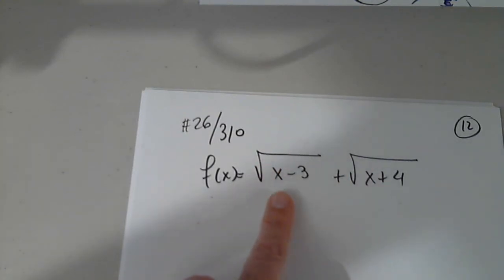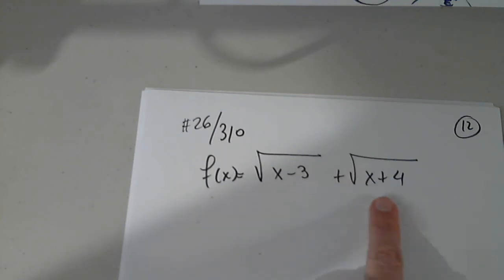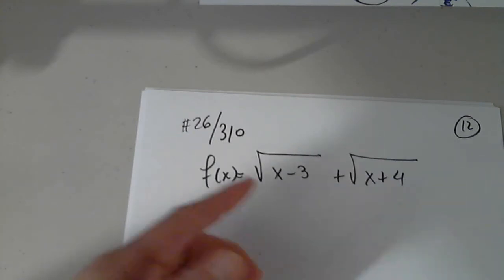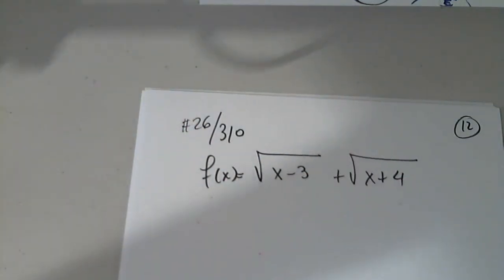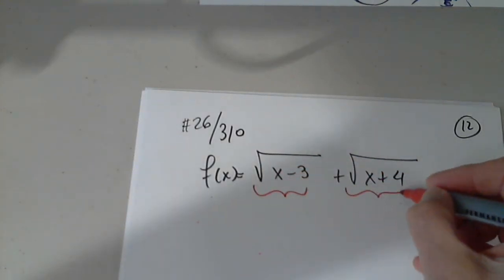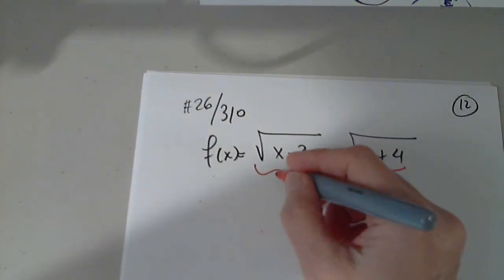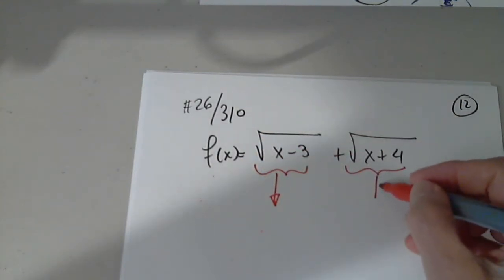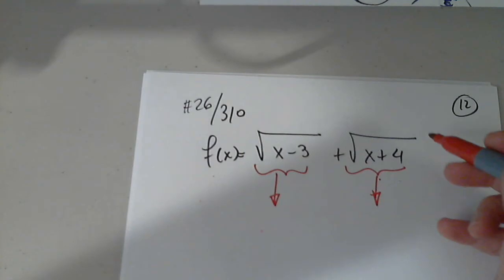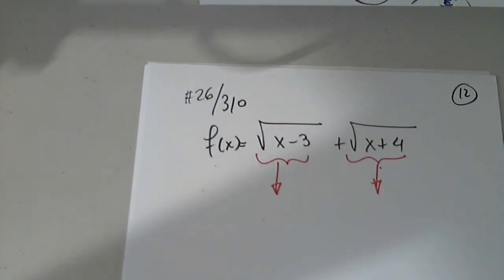I have to determine the domain of the first one. I have to determine the domain of the second one. And if there is no overlap, there is no function. So can anyone tell us, and we had several examples today, how do I start? What do I have to write in order to find the domain of this one? And what do I have to do?